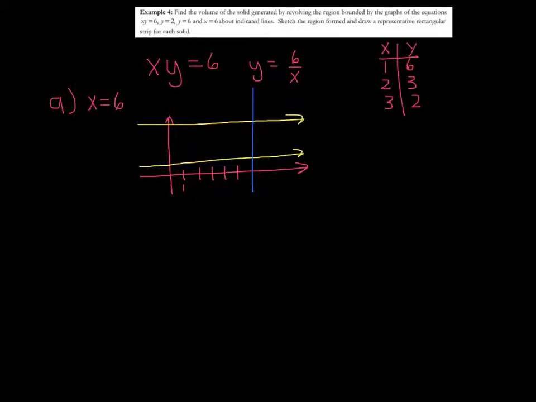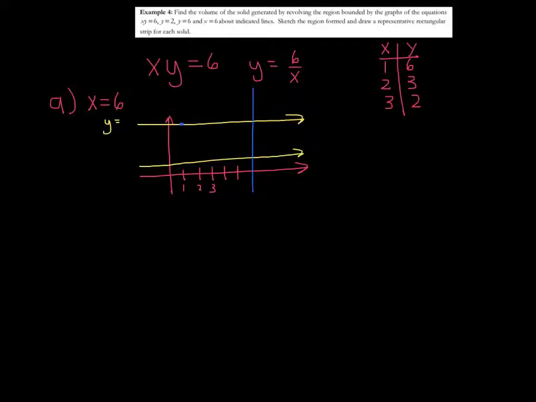So 1, 2, 3. And we've already figured out that for the xy equals 6 graph, when x is 1, y is 6. So we'll put that point there, because don't forget, this is the line y equals 6.